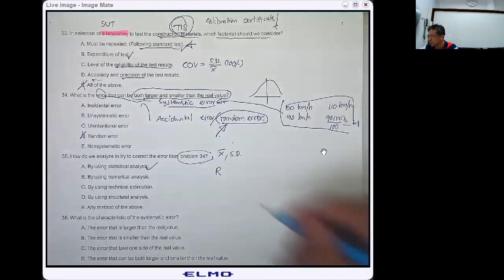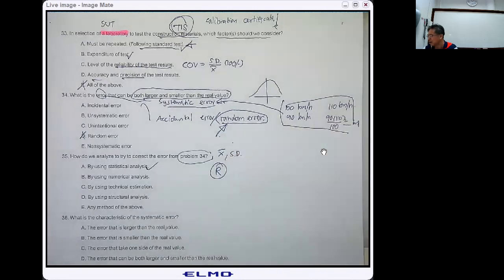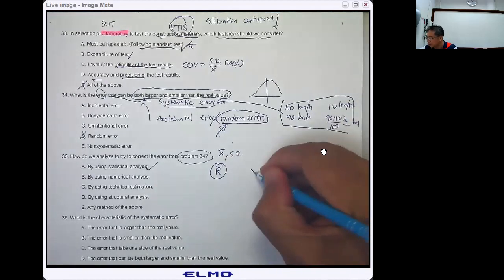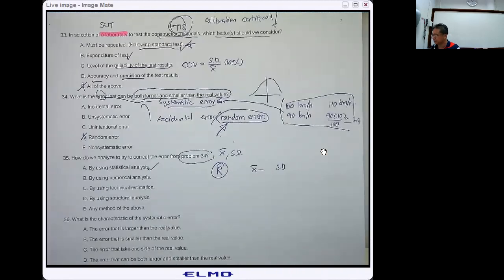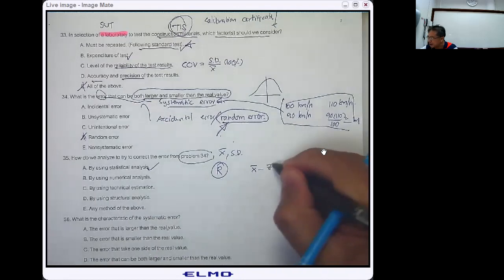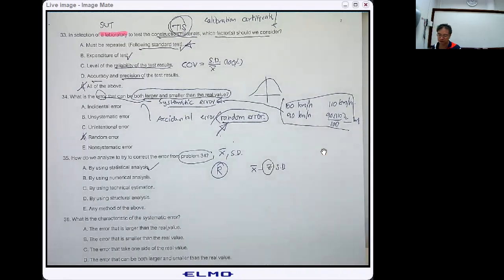Okay, if you would like to have a higher reliability, you have the value of x bar minus some specific multiple of SD. If this one is large, the reliability of your testing result is going to get larger, and that means you're going to take care of the error.